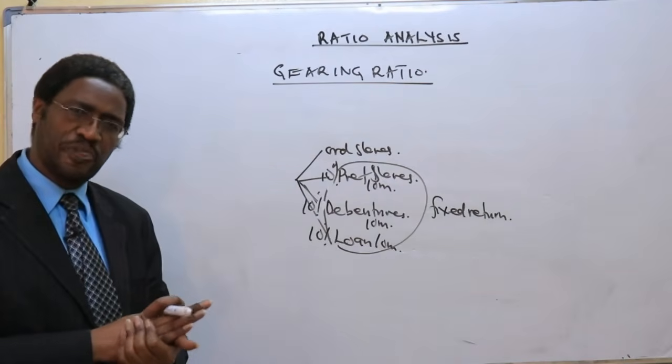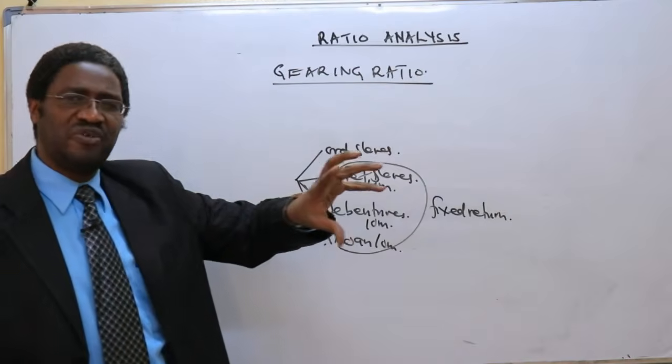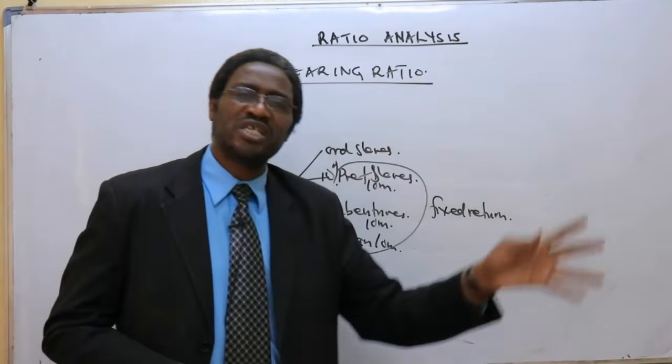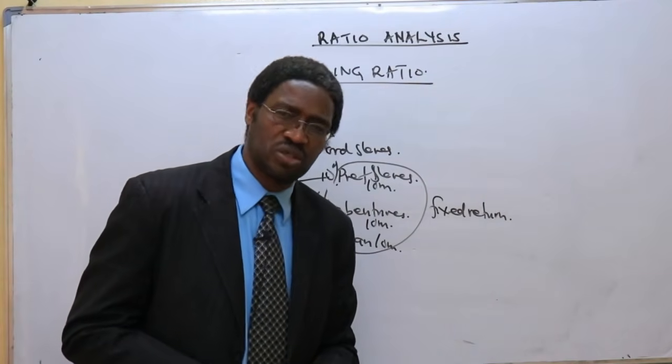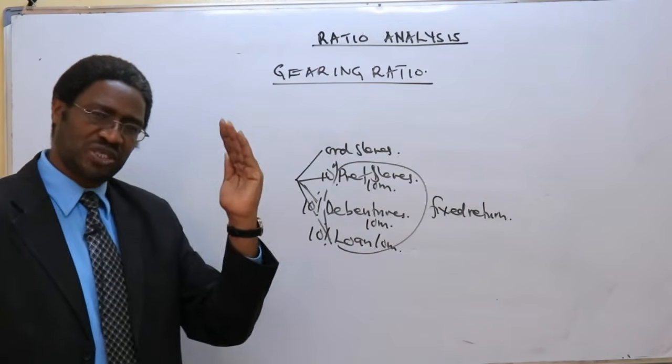That one I know you know. Meaning, in one year, the ordinary shareholders may get more dividend. In another year, the ordinary shareholders may get no dividend at all. So their dividend keeps fluctuating. Their return keeps fluctuating.